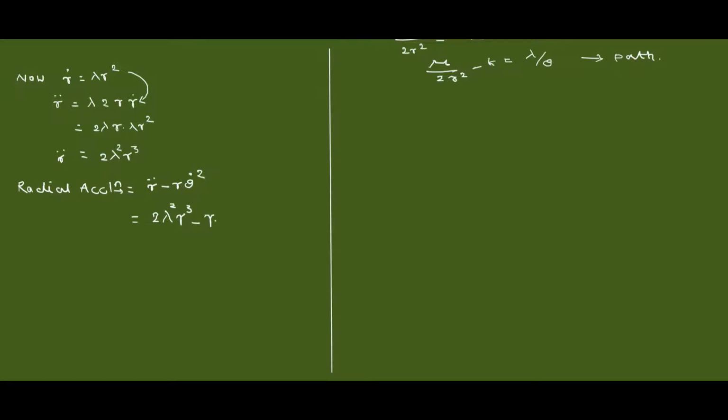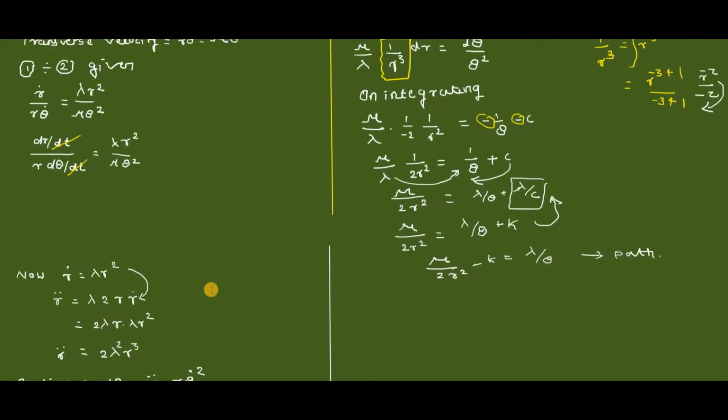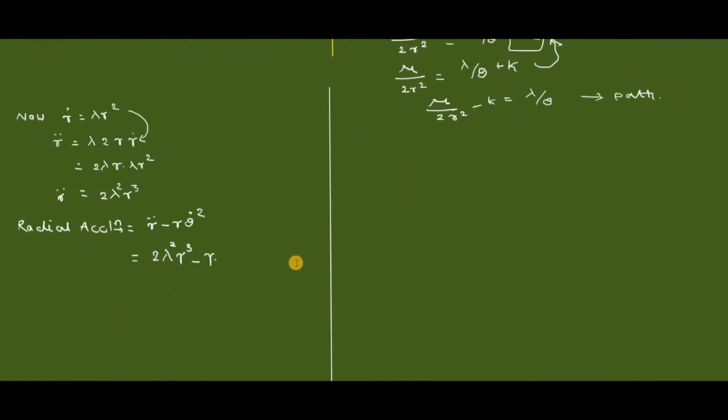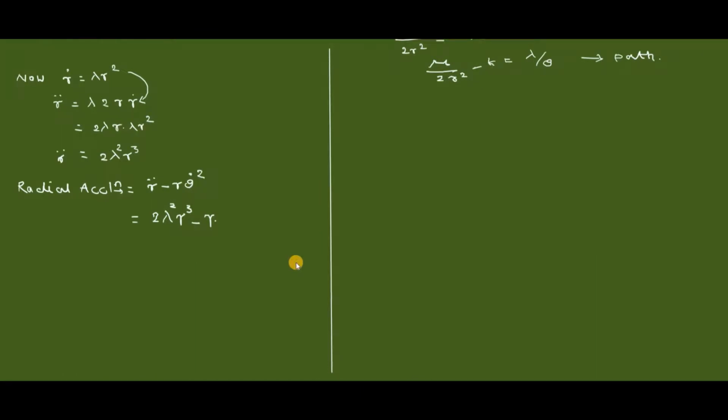From equation 2, theta dot is equal to mu theta square divided by r. We have to substitute this value in the equation.